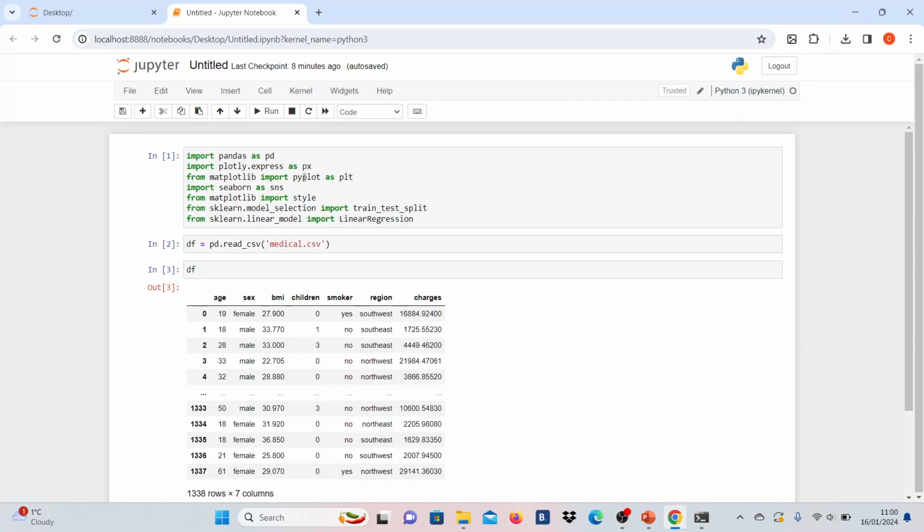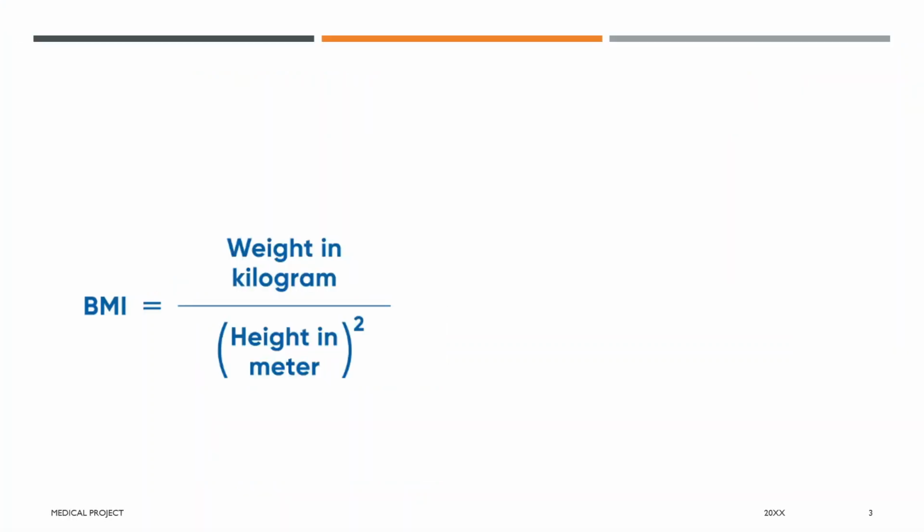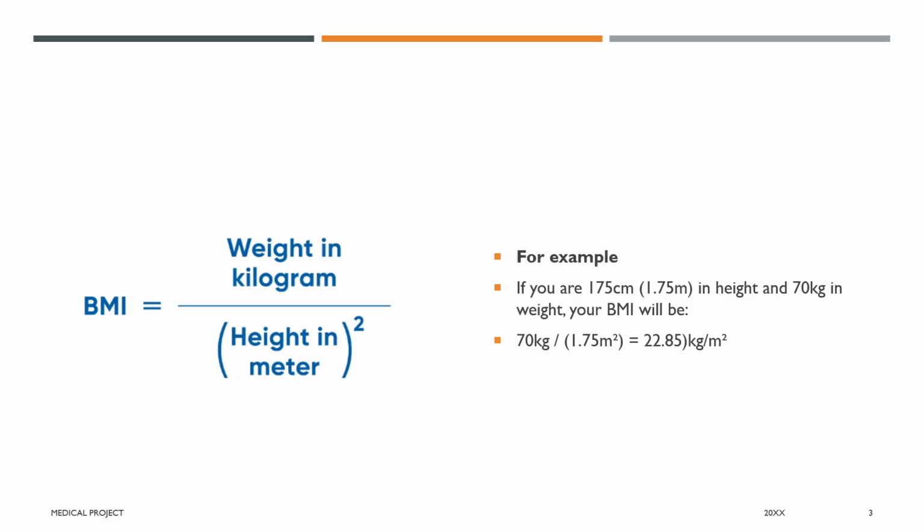Everything seems very straightforward except the BMI. So let's have a look at what BMI really is all about. Your BMI can be calculated using your weight and height. On the screen is the formula, that's weight in kilograms over height in meters squared.